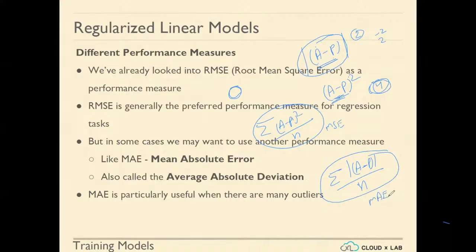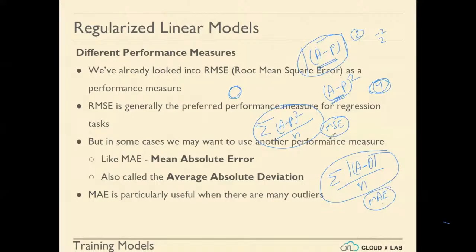So if we have many outliers, this value will get magnified. And what exactly do we want? We want to minimize MAE.